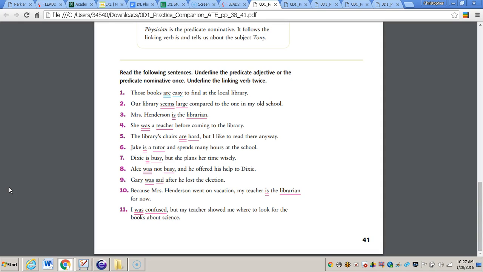Number 7, is the linking verb, busy predicate adjective. Number 8, was linking verb, busy predicate adjective. Number 9, was linking verb, sad predicate adjective. Number 10, is a linking verb, librarian predicate nominative. And then finally, number 11, was is the linking verb, and confused is the predicate adjective.